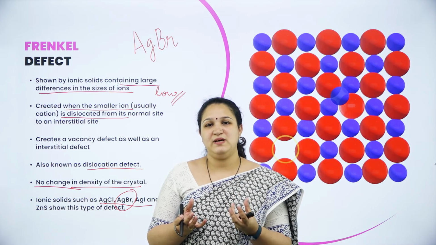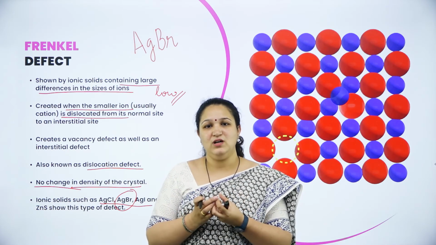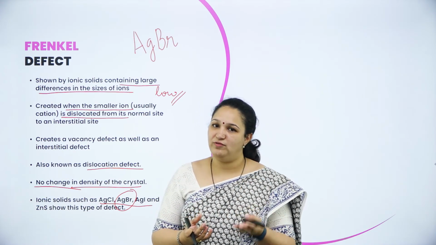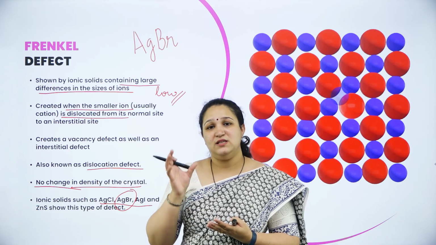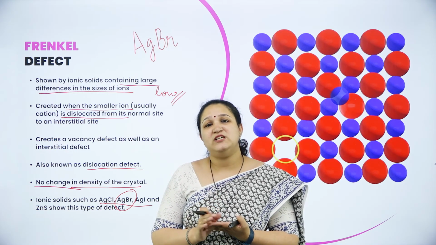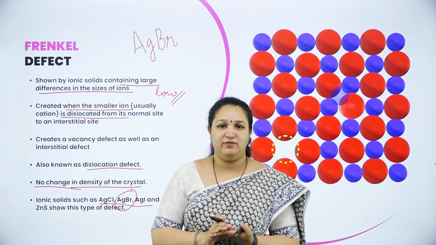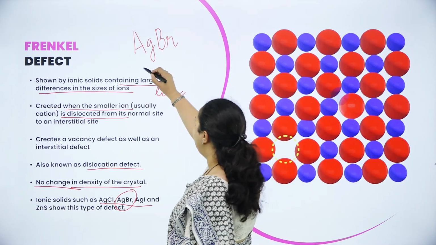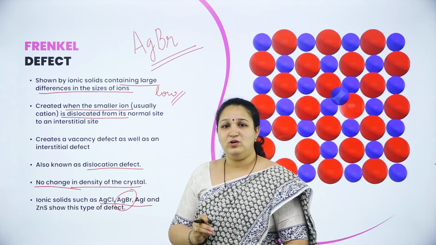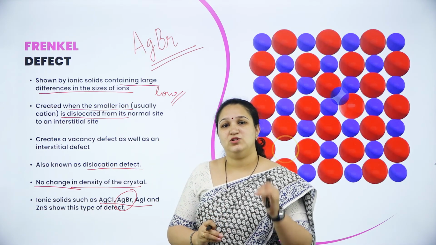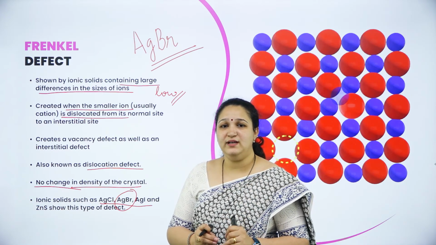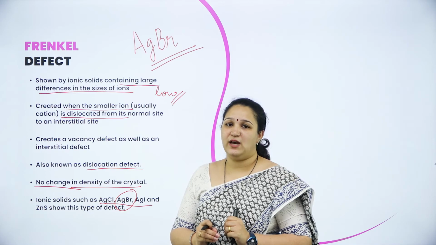Ag plus and Br minus have a large difference in their sizes, hence they can show Frenkel defect. Also, this ionic solid has a high coordination number, due to which it can also show Schottky defect. So, this is an example of an ionic compound which can show both Schottky defect and Frenkel defect. This is one of the important 1 mark questions which can be asked.